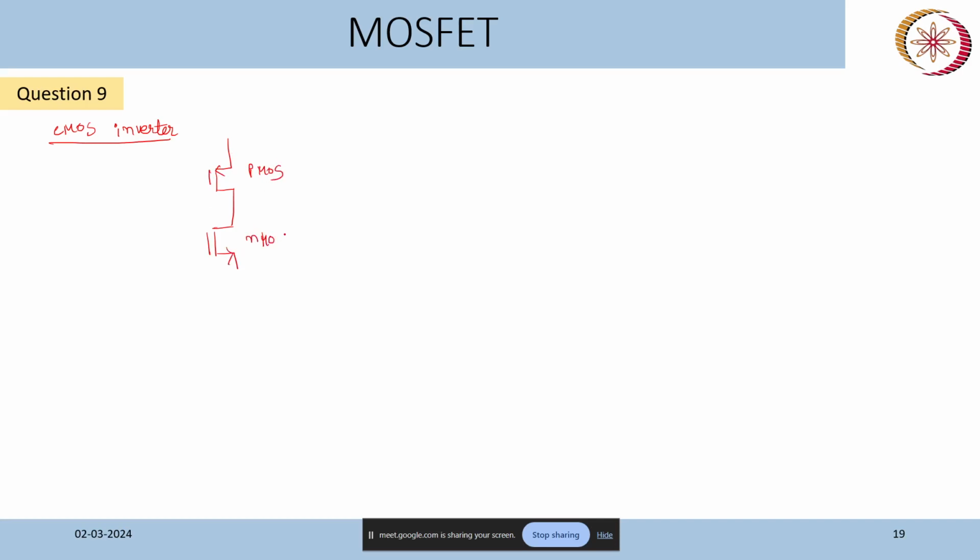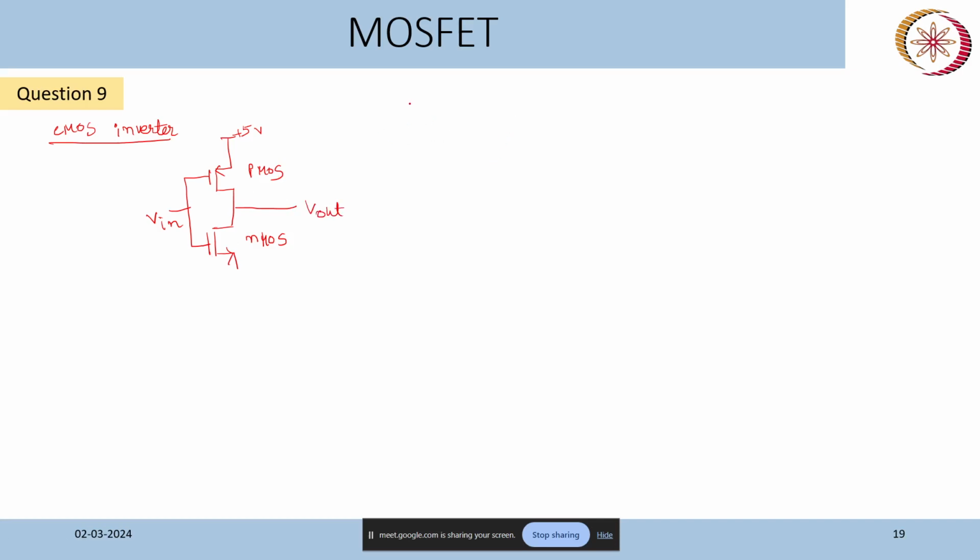This is the NMOS. And this is Vin, the input voltage. And this is VDD, which is, let's say, plus 5 volt. Plus 5 volt, plus 10 volt, it can be anything. It is a sufficiently large voltage to drive these transistors. And this is the output terminal, Vout.